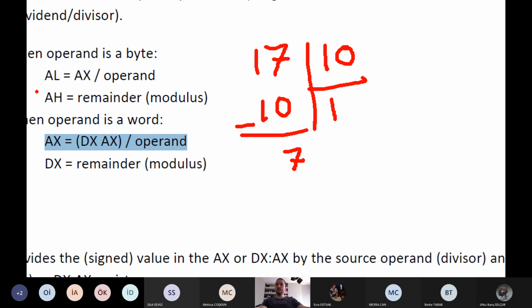In here, for example, the operand is 10. AX is 17. This is AX. This is the operand. And the remainder is 7, which is in AH. The result is in AL. The result 1 is in AL. Okay?